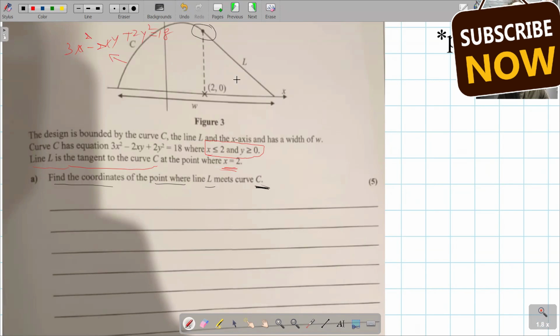We have to find the height of the curve at x equal to 2. So put x equal to 2 into the equation of the curve C.